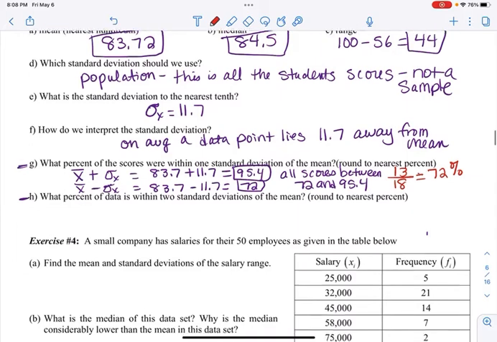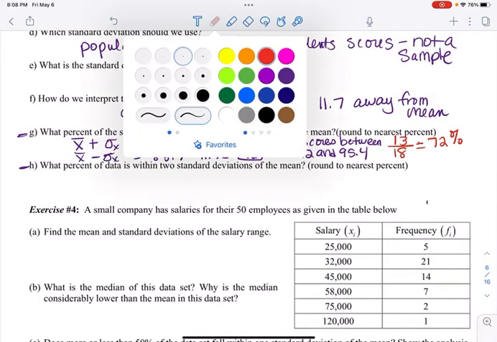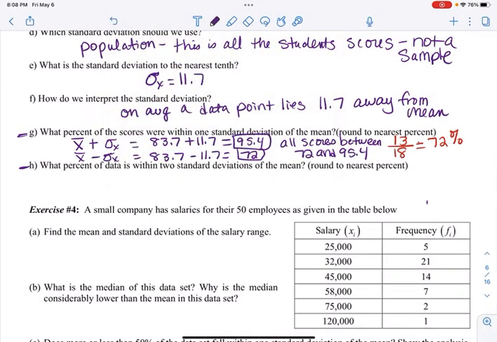Now I'm going to try it one more time, but this time I want to know what percent of the data is within two standard deviations. So I'm going to take the mean and add two standard deviations, and I'm going to take the mean and subtract 2 times the standard deviation. All right, so the mean is 83.7 plus 2 times the standard deviation, which is 11.7.